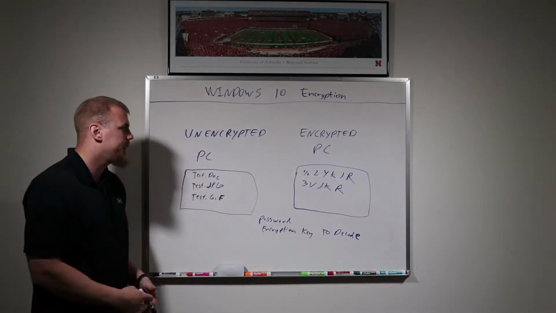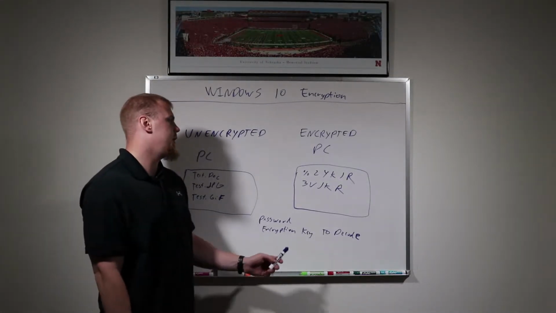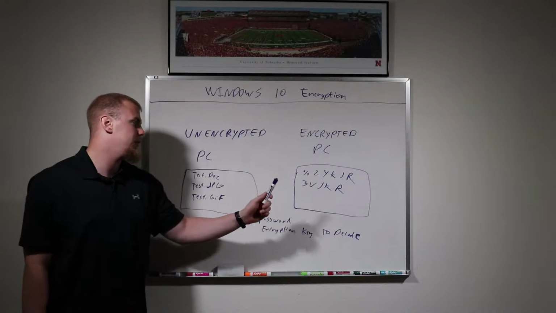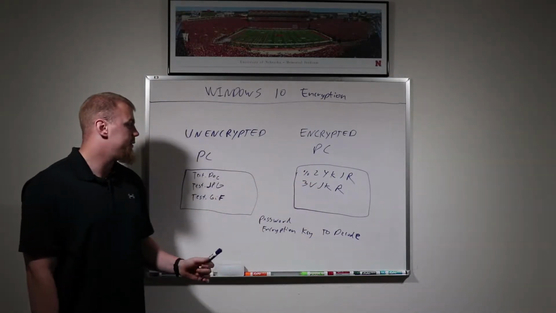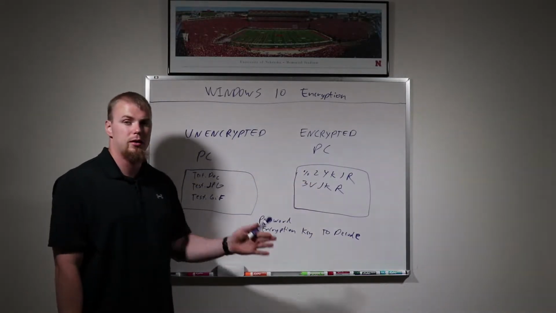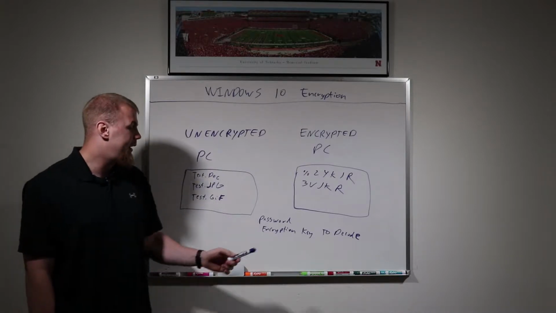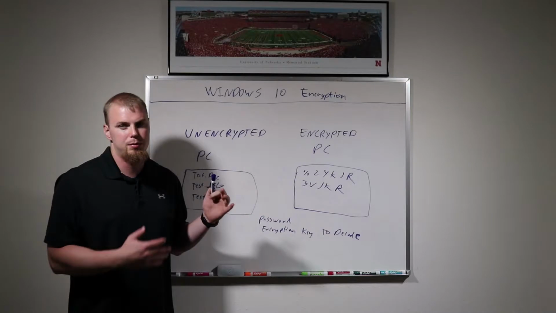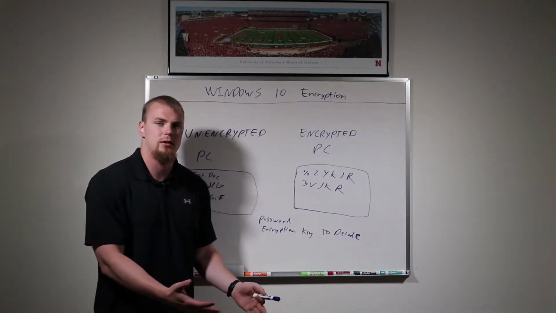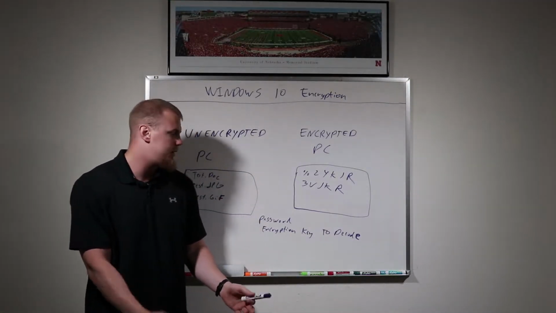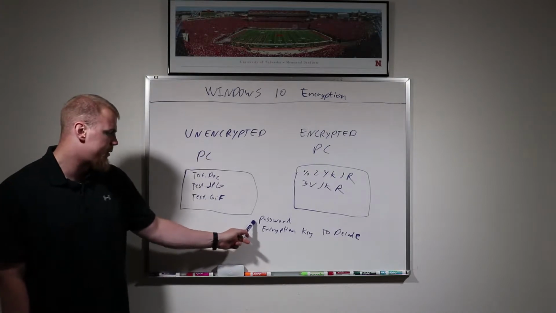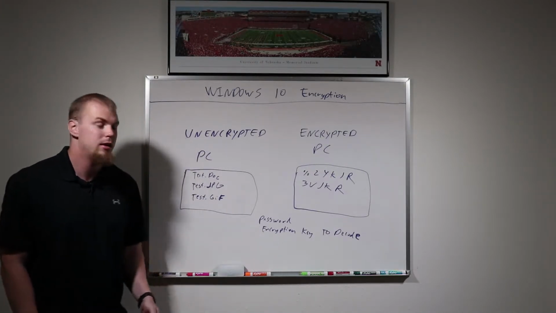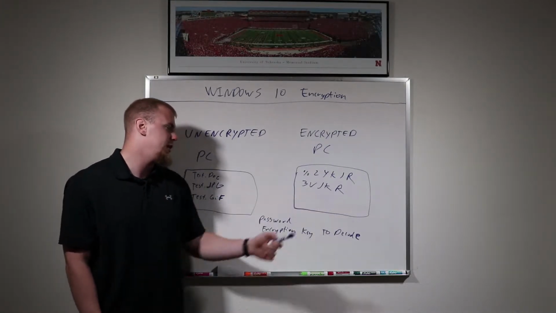It's just there. In terms of an encrypted PC or an encrypted hard drive, you take that drive and you put it in another computer when it's encrypted, and it's just going to be garbage to that computer. That computer is not going to be able to read that. You're not going to be able to read that information unless you have a password or you have an encryption key to decode this information.